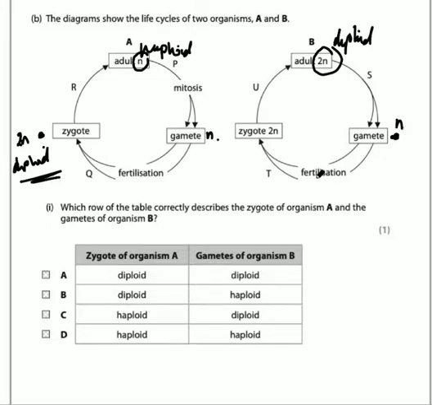Then it's going to go under fertilization and joins two half sets, making you a full set, so a 2N, and then continues to be a 2N as an adult. So that would give us haploid here for the gamete, and therefore our answer is B.